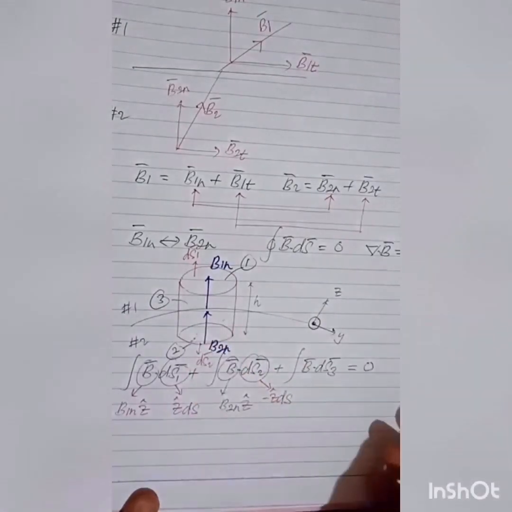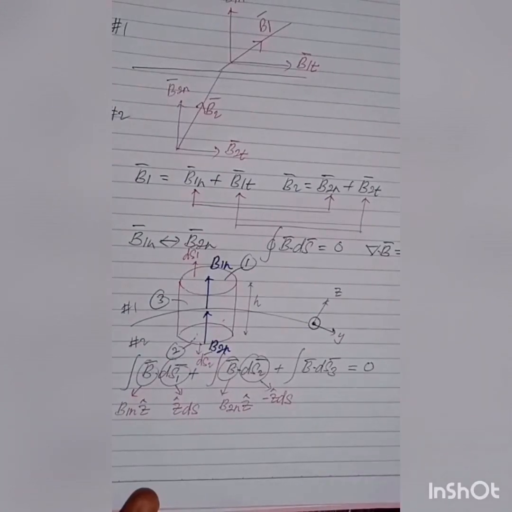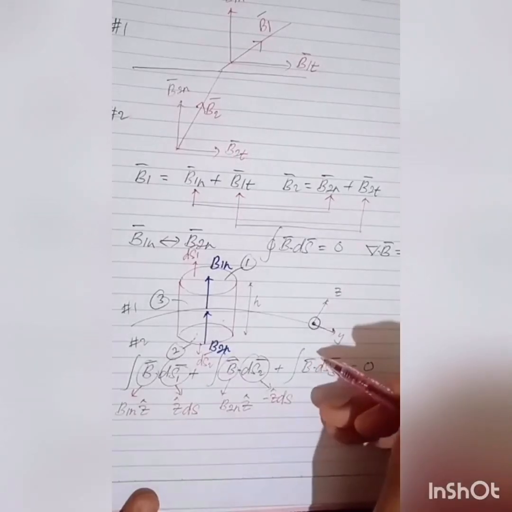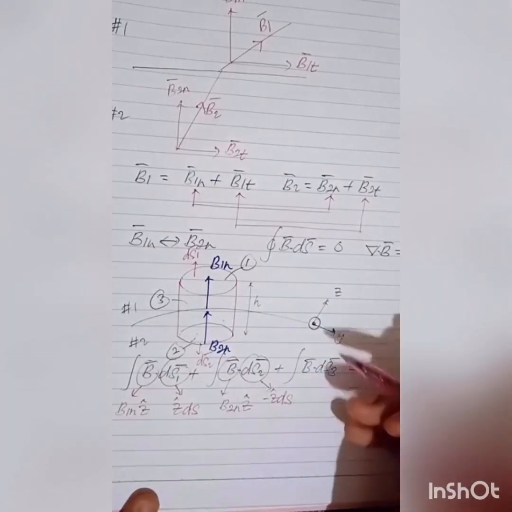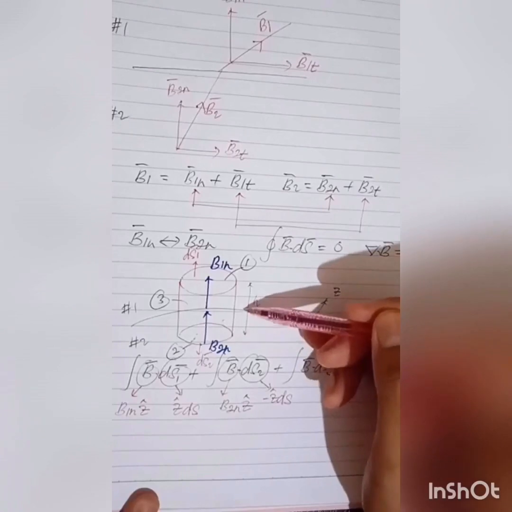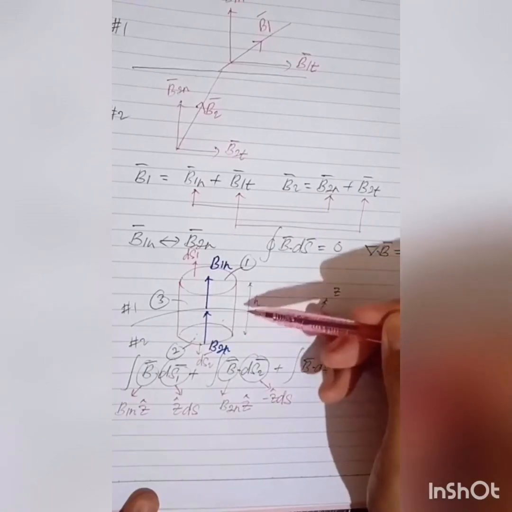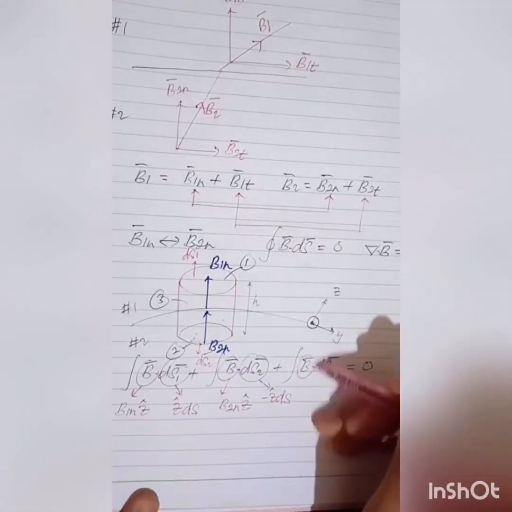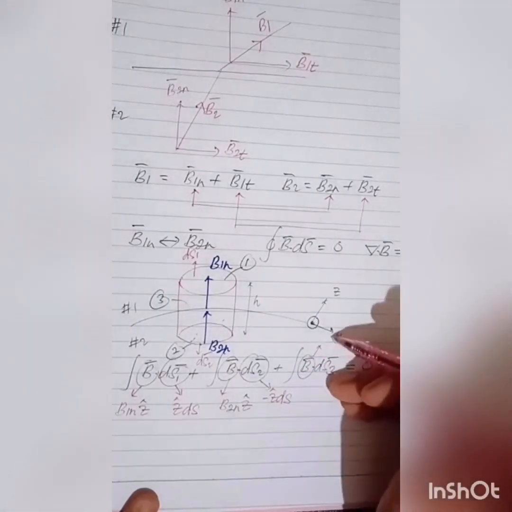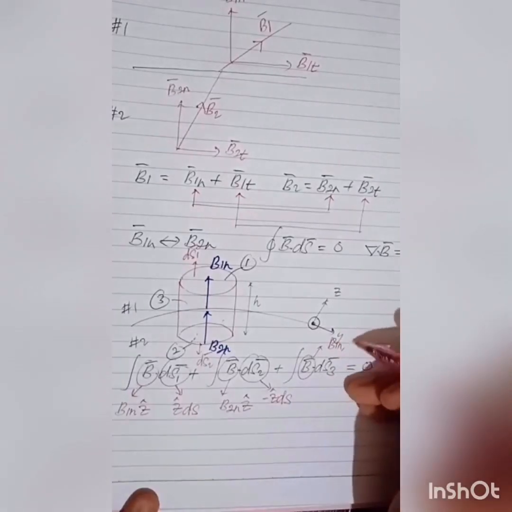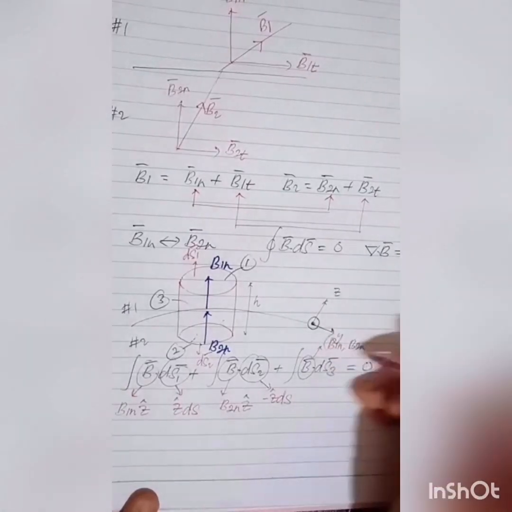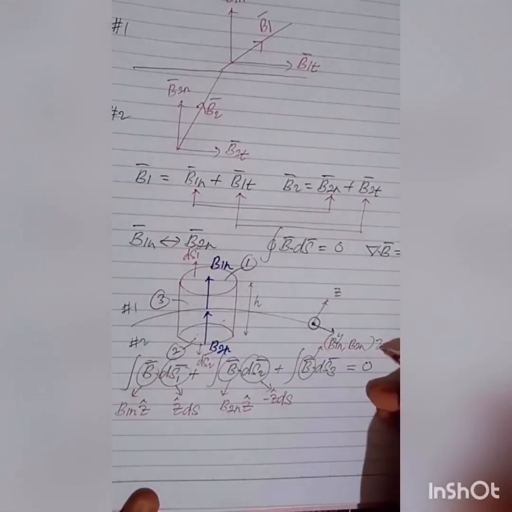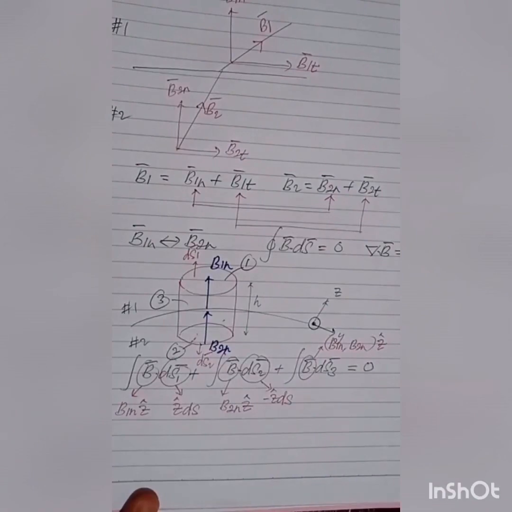Okay guys, so the next part is our third integration, for the third surface, the side surface of this cylindrical or Gaussian surface. Now for the side view, we know that there are two B axes, from here to here the B2N axis, and from here to here the B1N axis. So the B here is composed of two different B, which are B1N and B2N, and both of them point in the same positive Z direction.